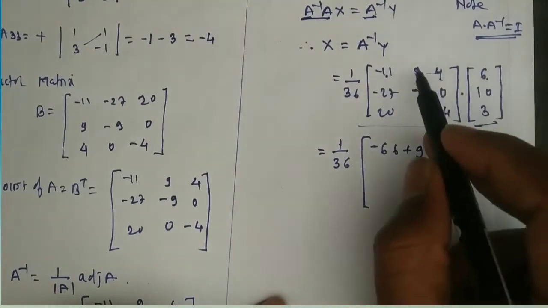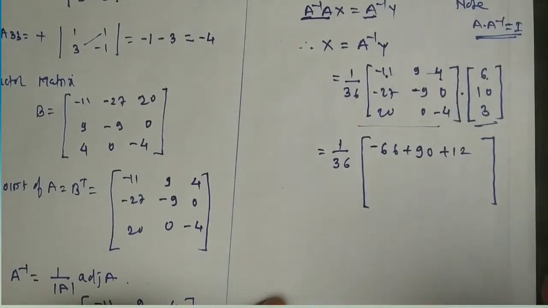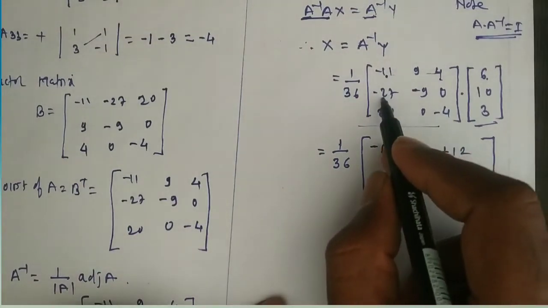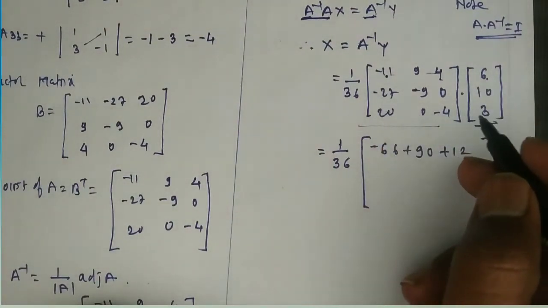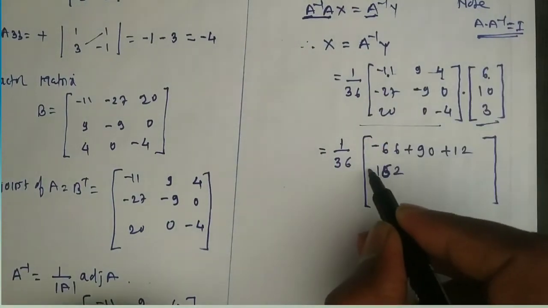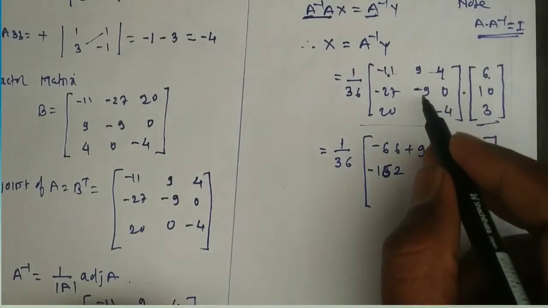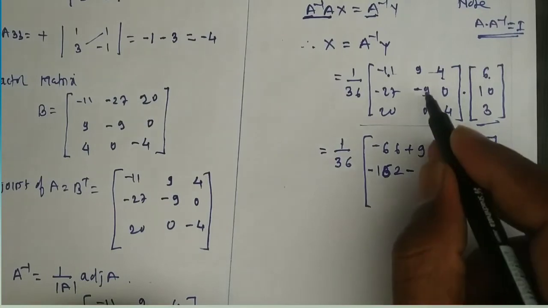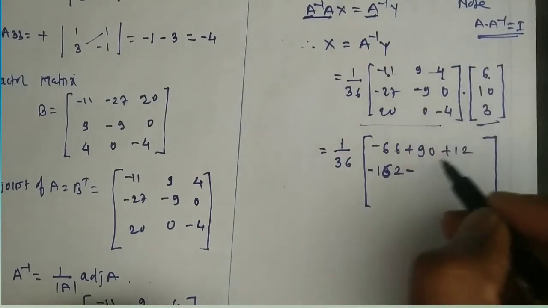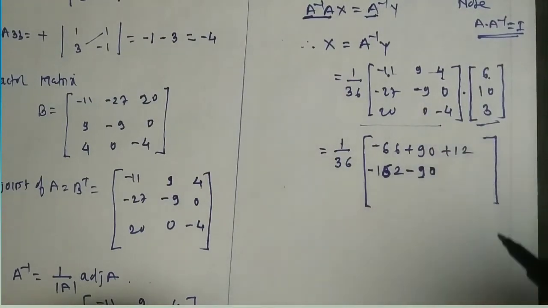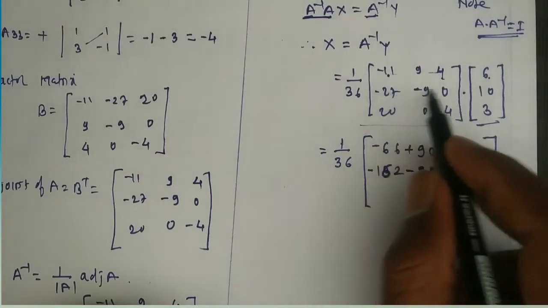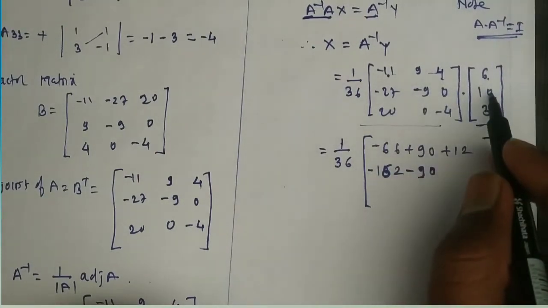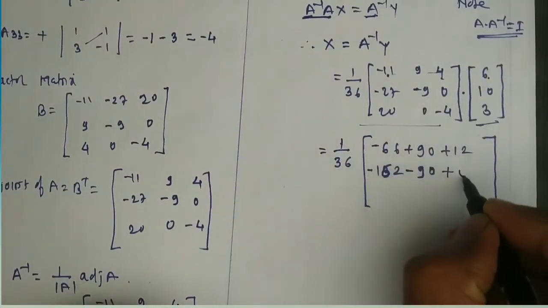So first, second, third. Now on the second line, minus 27 into 6, what is it? Minus 162. Then minus 9 into 10, which is minus 90. Then first, then second, then third. 0 into 3 is what?